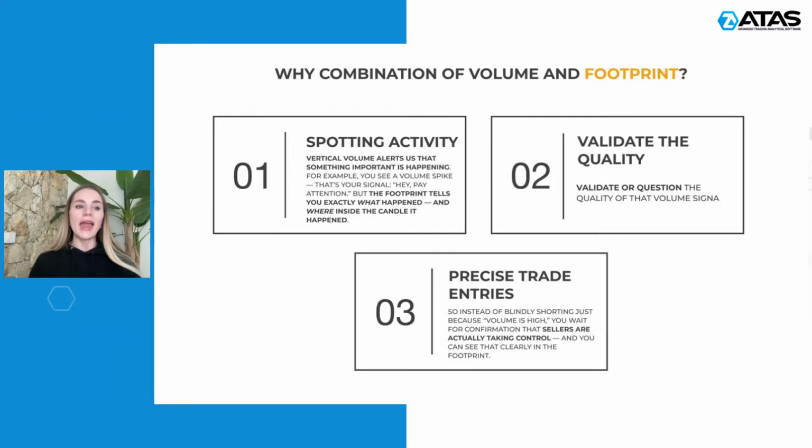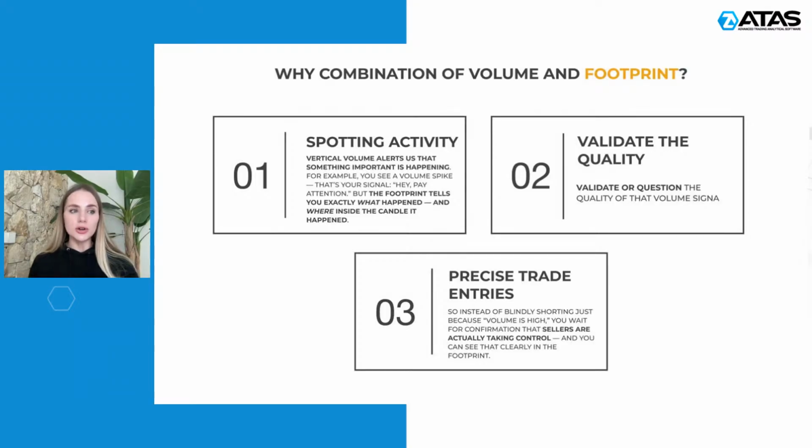So when volume and footprint speak the same language, your confidence in the signal increases. And if the footprint tells you the volume was empty and low quality, there is a fight and the forces between buyers and sellers are balanced, you may just stay away from the market and not enter such risky positions. So you can filter it out.